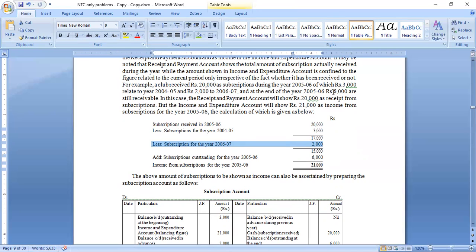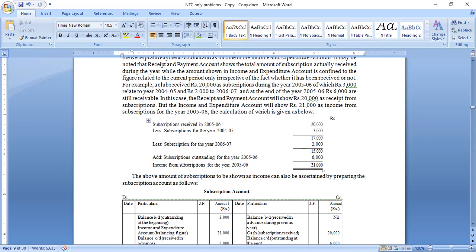It is not recorded in the receipts and payments account, because that account records only cash transactions, like a cash book. So this outstanding income we have to add to the remaining balance. Finally it comes to around 21,000, which we mention in the income side of the income and expenditure account.